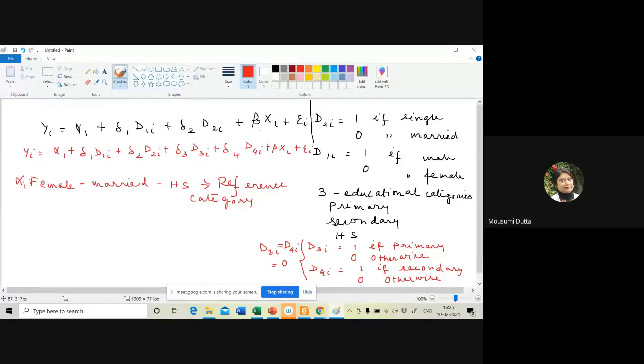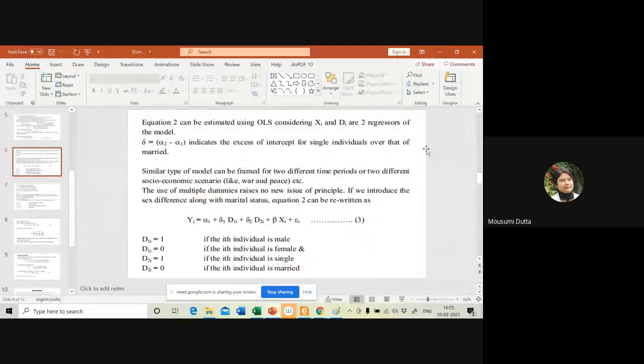In this way, we will proceed to see how the changes take place when we move from one group to another. However, we are estimating a single equation only. We are not estimating thousands of equations to understand the consumption pattern for different groups. I am estimating a single equation.